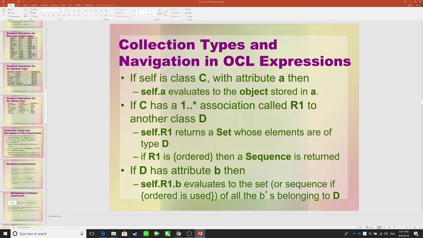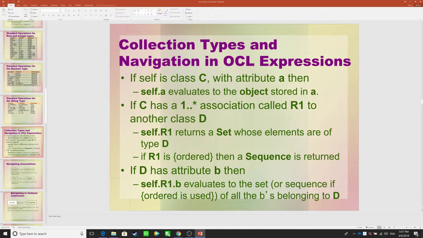So one-to-many association, what is that? Like I have 20 books, so maybe C is me, myself, okay? And D is a class called book, alright? So from me to book, it's actually a one-to-many association. And R1 probably can be the relationship of own. So I own 20 books.